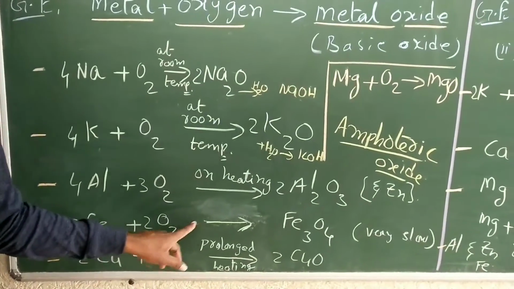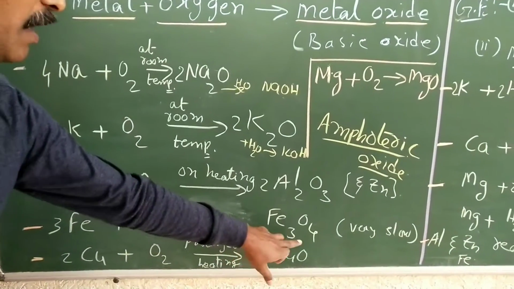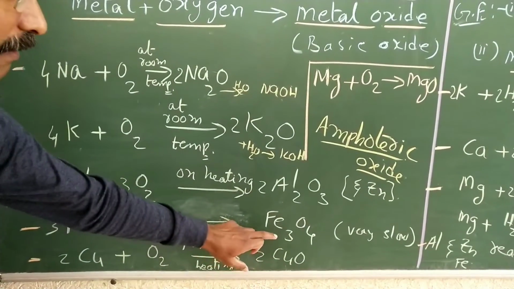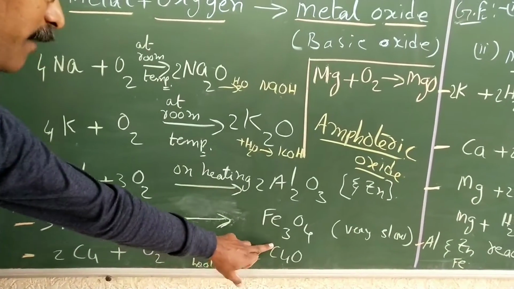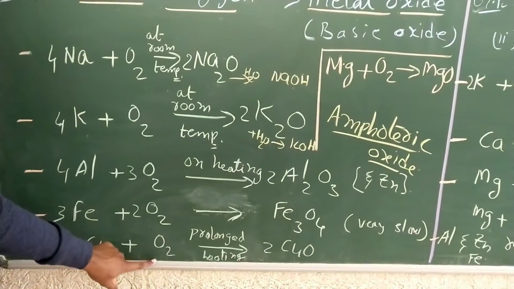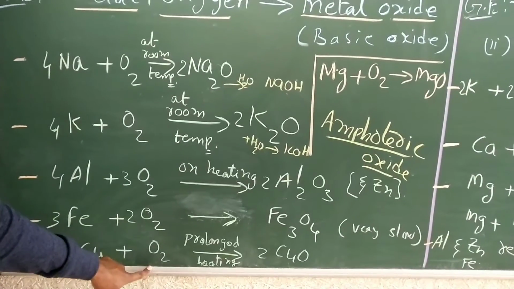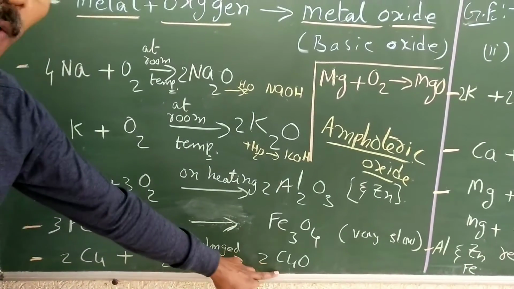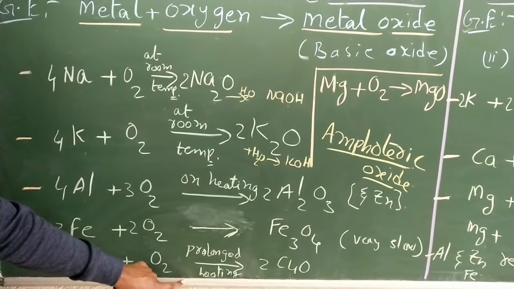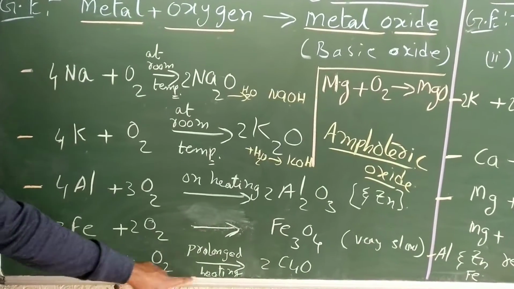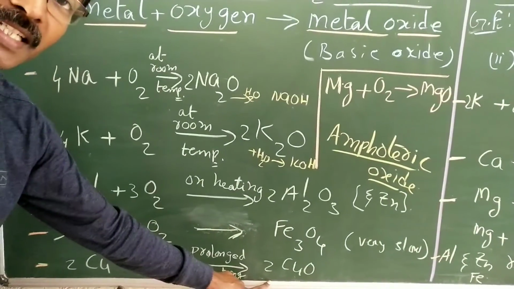It takes a long time to react and gives Fe3O4, which is known as ferroso-ferric oxide. And copper also takes a long time to react with oxygen to produce copper oxide. This is also very prolonged. On heating for a long time, this will happen.